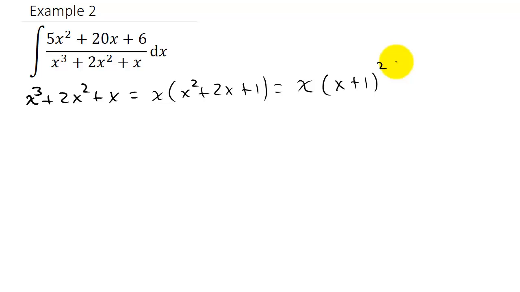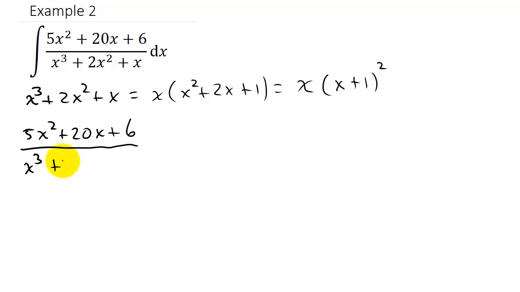Alright, so now what we want to do is write this out. So I know that 5x squared plus 20x plus 6 over x cubed plus 2x squared plus x is equal to, okay, so I'm looking at this, so I have a factor of x, so that's going to be A over x plus, and then here I have an x plus 1 squared.